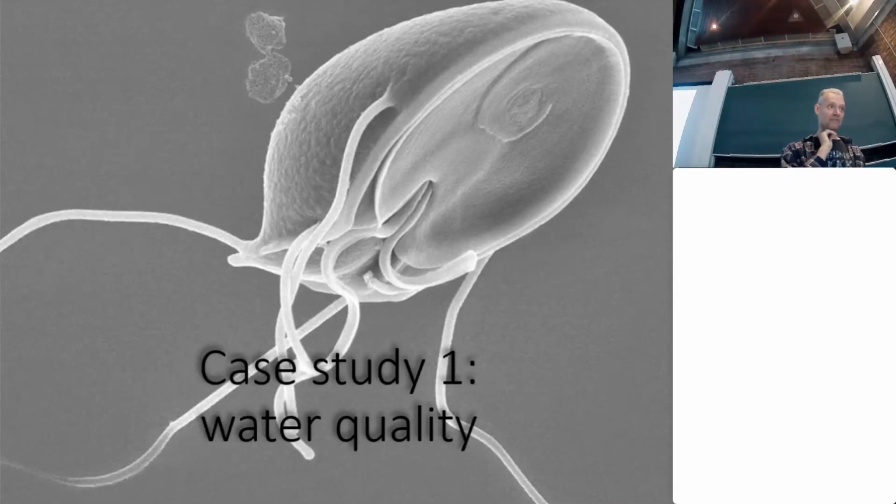I'm going to look at one particular case study which highlights some of these issues. And we're going to look at giardia in water, and this is the bacterium, and this is one of those things why you should not drink raw water, because if you're not used to this, it'll make you very, very ill, right?